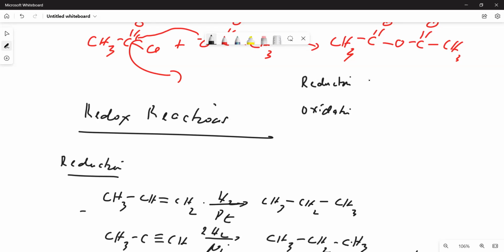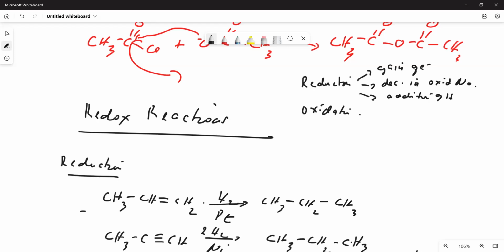Reduction means gain of electron. It also means decrease in oxidation number or oxidation state of the element, or in organic chemistry, it means addition of hydrogen.